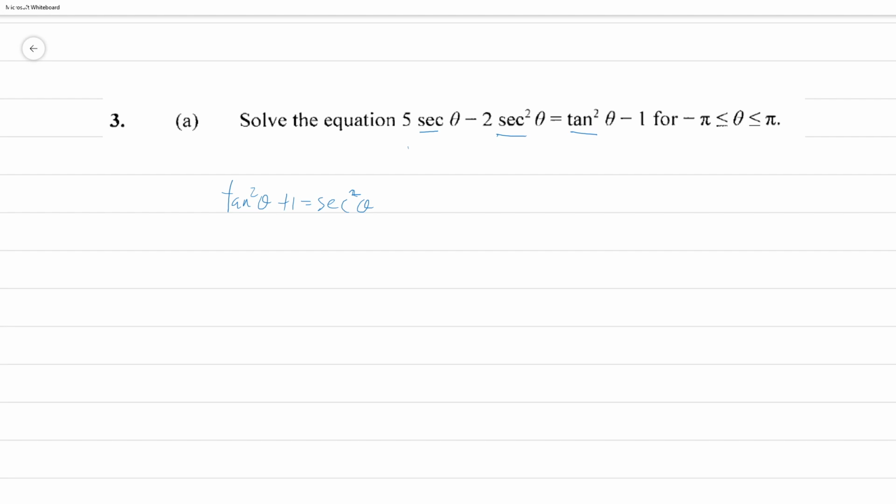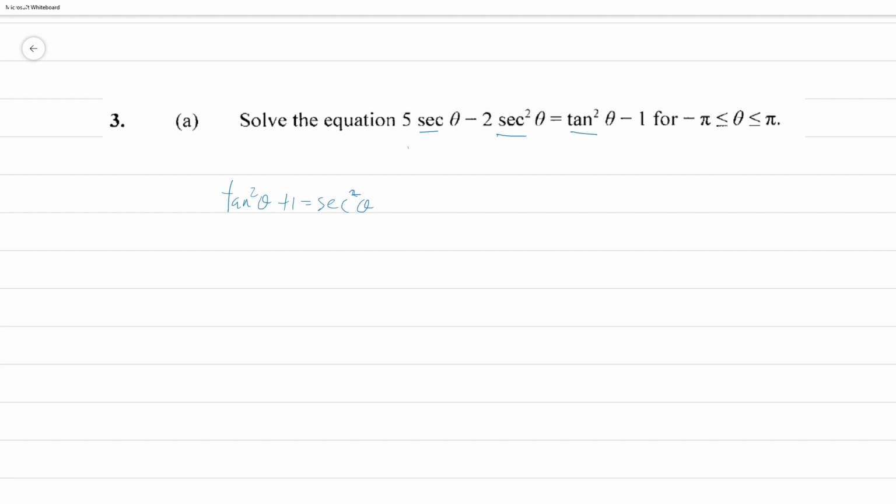Why did I decide to do that? Well, we have a sec squared theta here, but a sec theta here. If I try to convert the left hand side with the sec to tan, that might be a little difficult. So I just want to change the tan squared into sec theta.